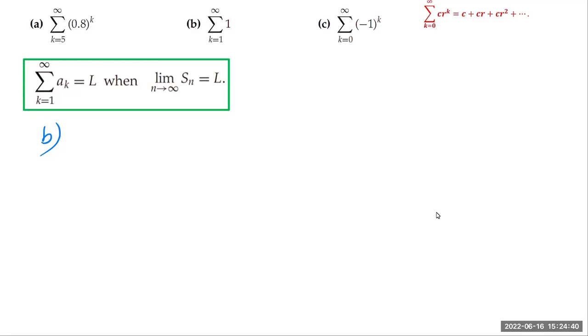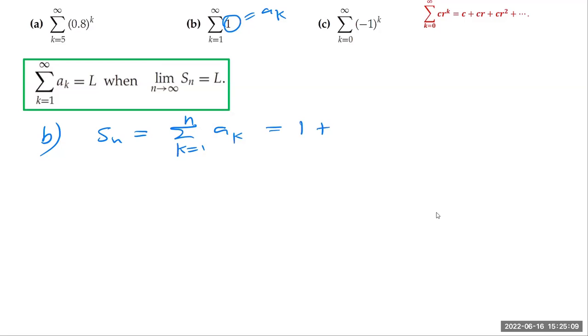Part B, Sn. Sn is equal to sigma k goes from 1 to n of ak. Of course, for the second part, your ak is 1, right? So how do I get this summation? If you plug in k is equal to 1, you get a1, which is 1.